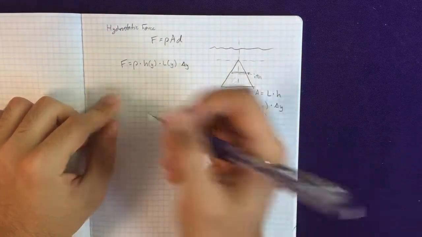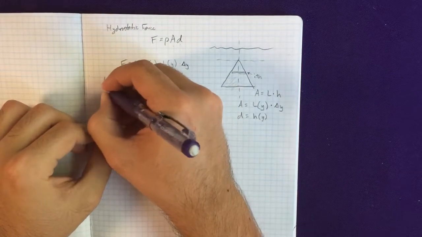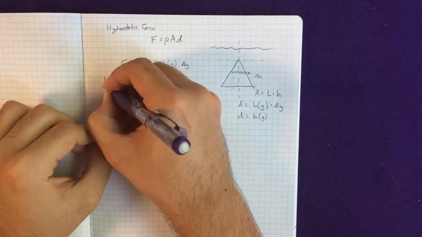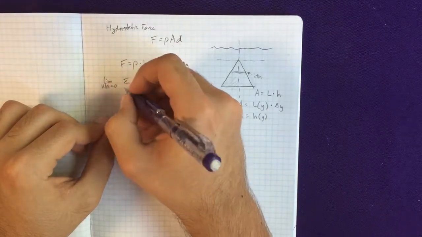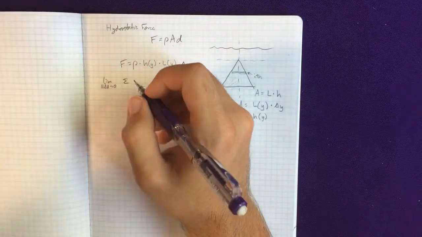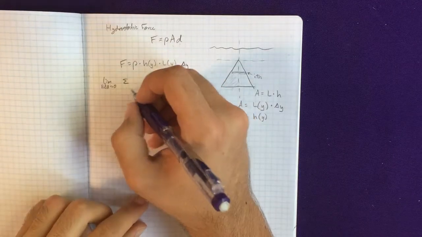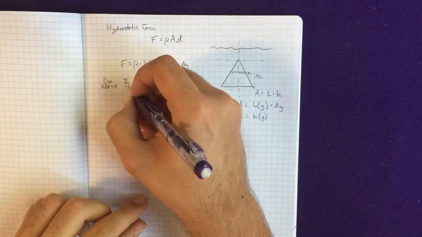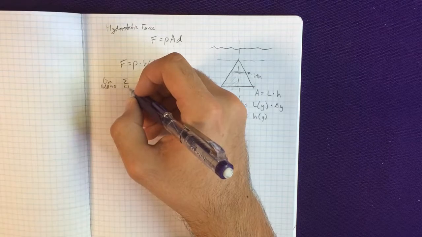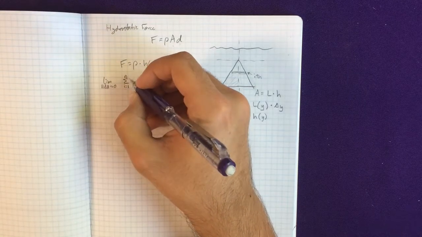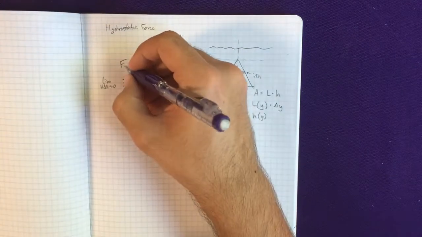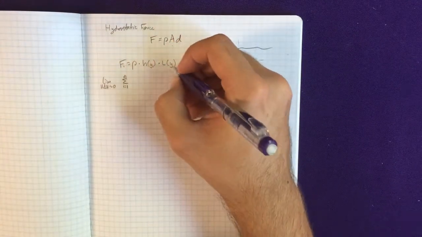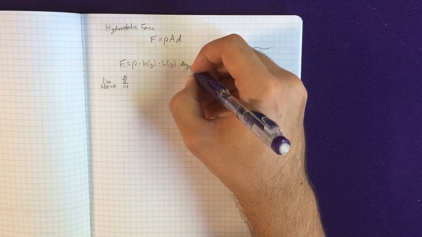So what do we do now? Now we substitute it into this limit summation, i equals 1 to n. By the way, this equation is all in terms of the ith rectangle.